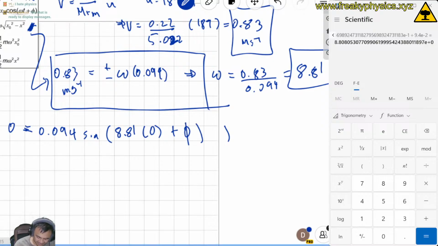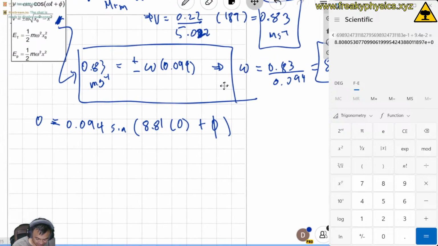Now, I think you may have a question on how I got those values, right? Specifically, why is this 0? I think the others are obvious. This is our equilibrium position, this is our displacement, this is our angular velocity. But why is the time 0?